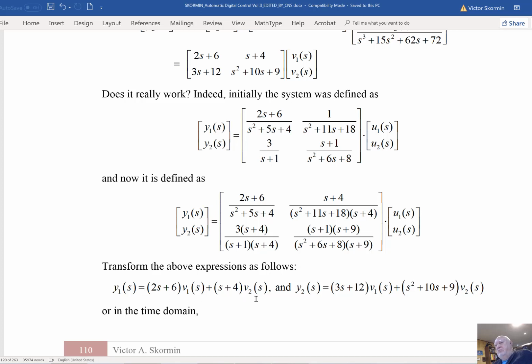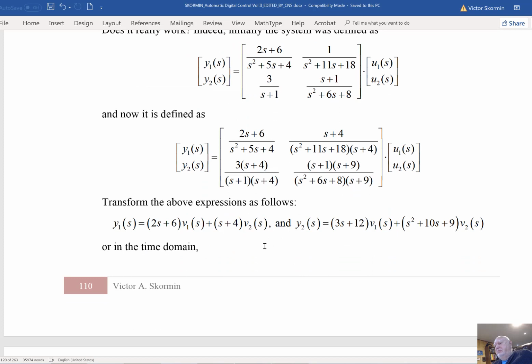You see it right here. And for y2, I will have 3s plus 12 times v1 of s plus s squared plus 10s plus 9 times v2 of s. It's written right here.